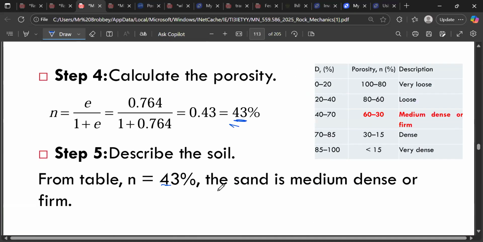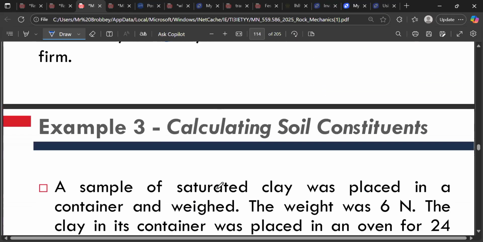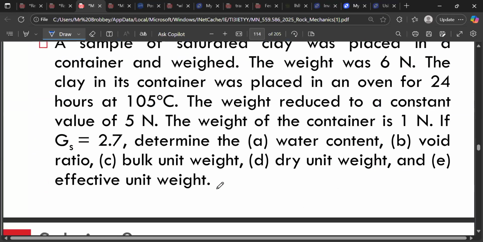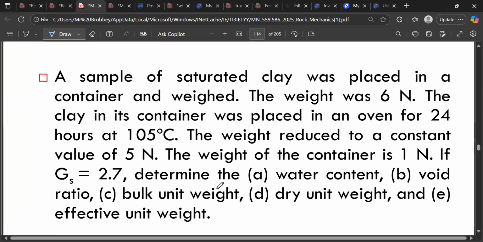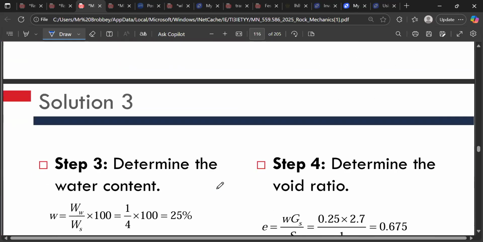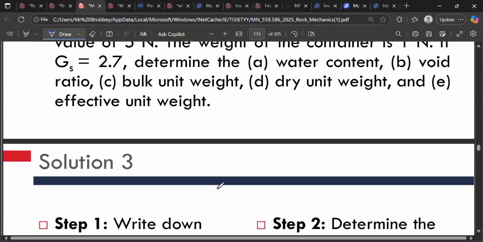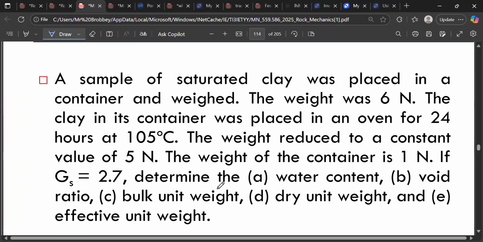Thank you, boss. Right. So there is another question here, which we are also going to solve. I just want you to be conversant with the phase relations questions because most of the time soil mechanics comes with this a lot. So a sample of saturated clay was placed in a container and weighed.